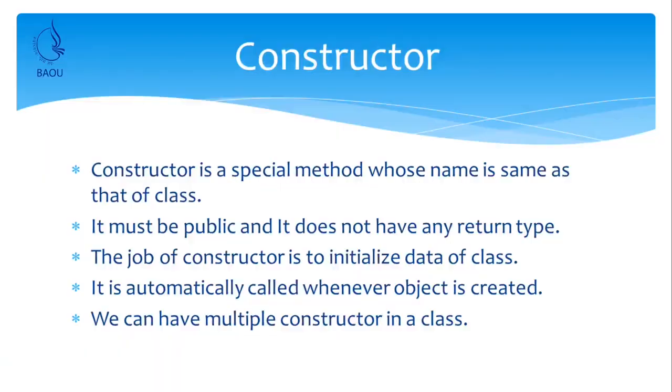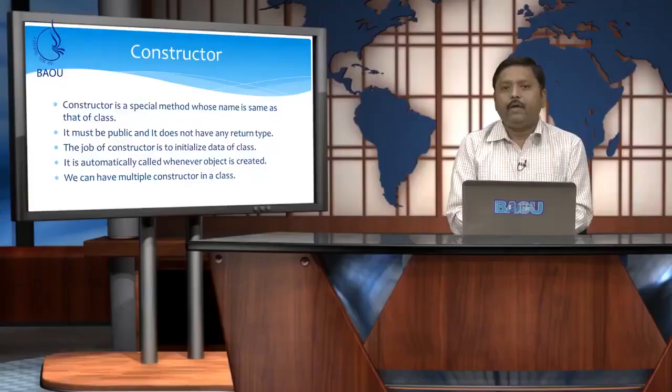Now, we discuss constructor. Constructors are special methods whose name is the same as that of the class. An ordinary method has a name other than the class name, but this is a special method which has a name which is the same as the class. Another thing you have to remember is it must be public and it does not have any return type including void.